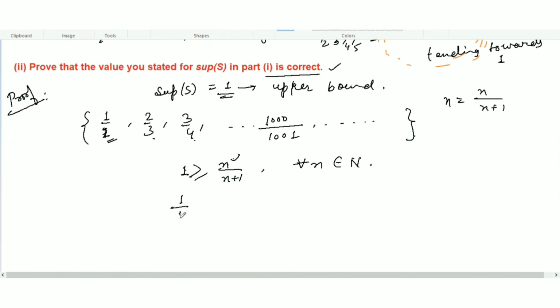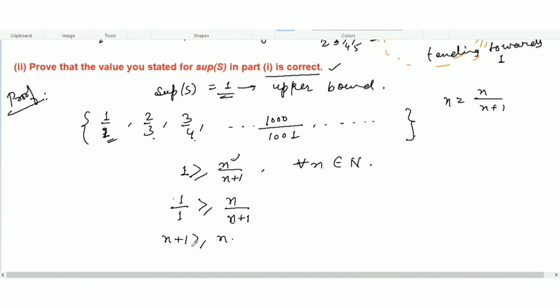Here, 1 over 1, let's make it a fraction with the inequality sign, and cross multiply. If we cross multiply, you will get n plus 1 greater than or equal to n, exactly what we want.